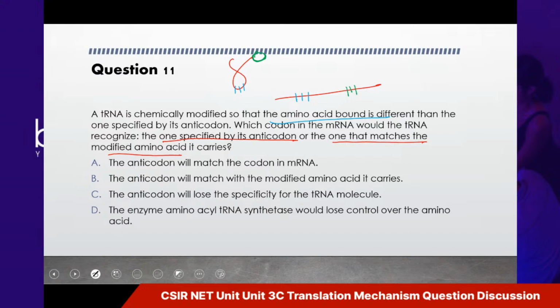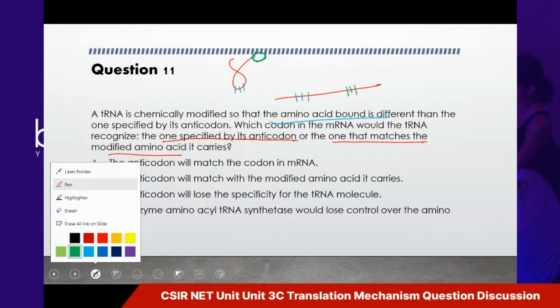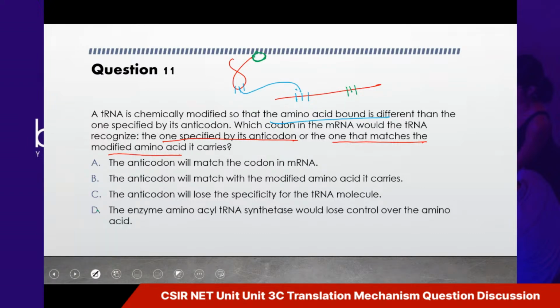Quickly tell me which one it will match. Will it match with blue or with green? Yes, absolutely correct, Ramdas. It will match with blue.